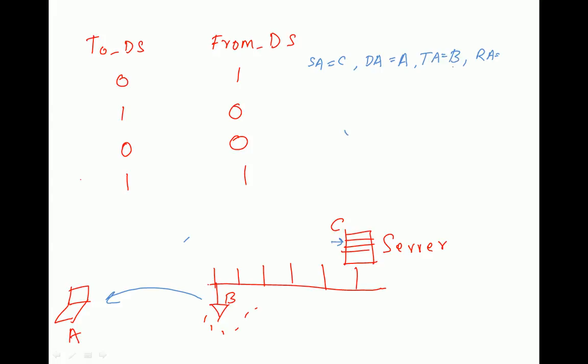B. The receiver address, you guessed it correct. Since the client is going to be receiving this frame over the wireless medium, the client's MAC address is going to be the receiver address. So the receiver address is going to be A here. So now we have seen that for this particular case of the to DS bit being 0 and the from DS bit being 1, we have a combination of the 4 MAC addresses, and these 4 MAC addresses represent something.